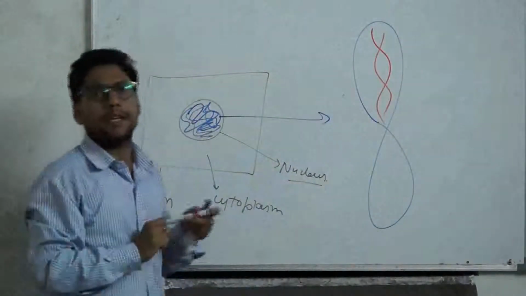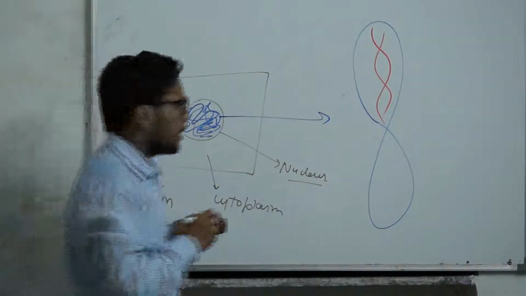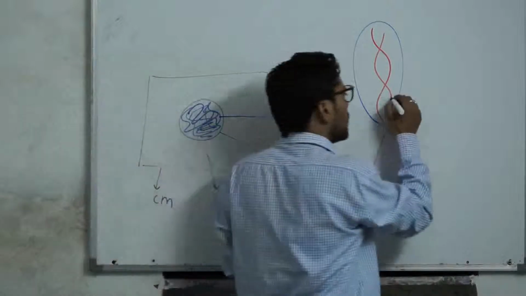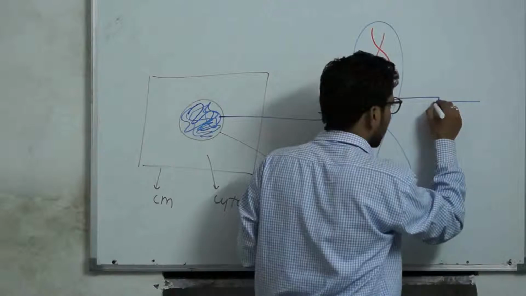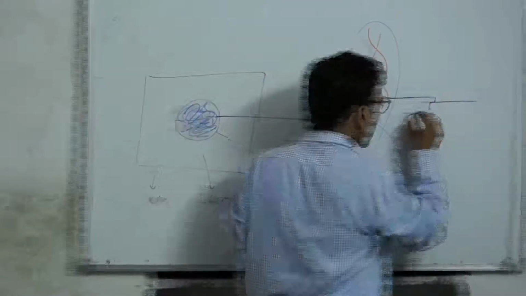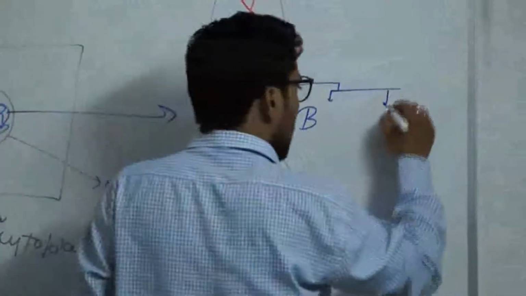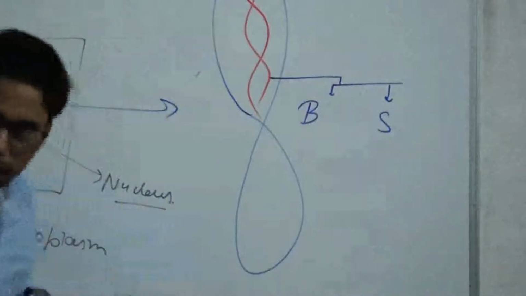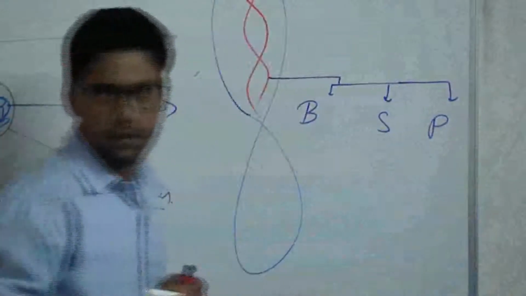So what is present in DNA? I made a trick to understand it and to learn it. It consists of mainly three things. B means base, S means sugar, and P means phosphate.